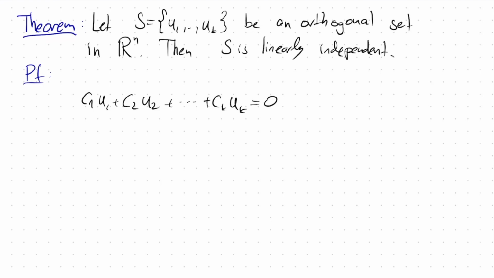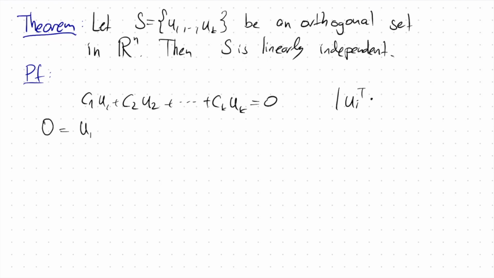And linear independence means the only solution for this equation of vectors is c1 equals c2 and so on equals ck equals 0. But what we can do now is multiply from the left with the transpose of ui. So we still get 0, but now 0 is a number. Here 0 is a vector. Because the right-hand side, if we multiply with ui transpose, is just 0.